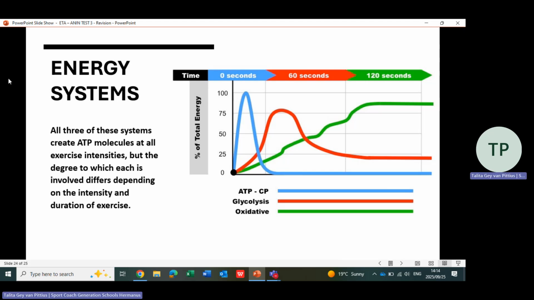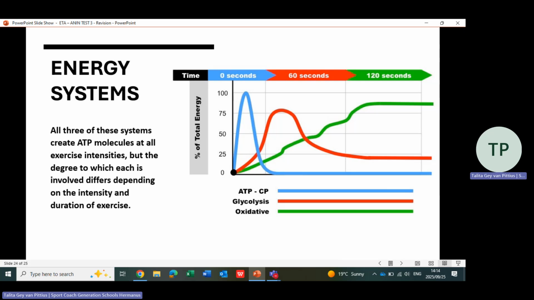All right, then you also need to understand the three energy systems and which one will be more predominantly active during what type of activity. We already spoke about anaerobic activities, which are your high intensity, explosive type of activities. And then we have our aerobic activities, which are usually activities that use oxygen.